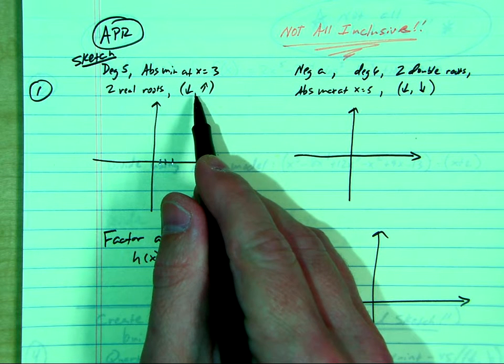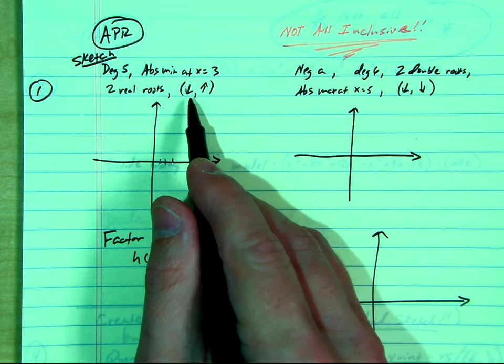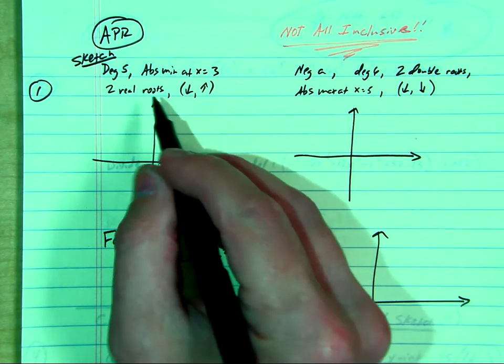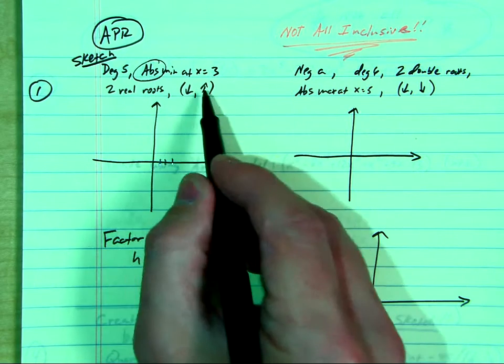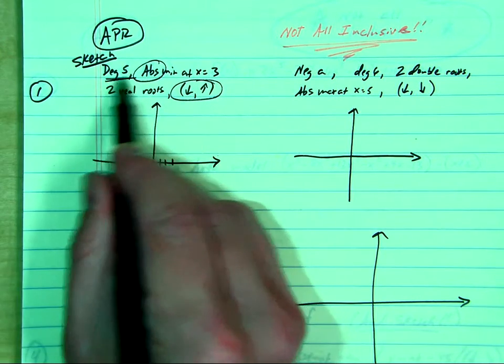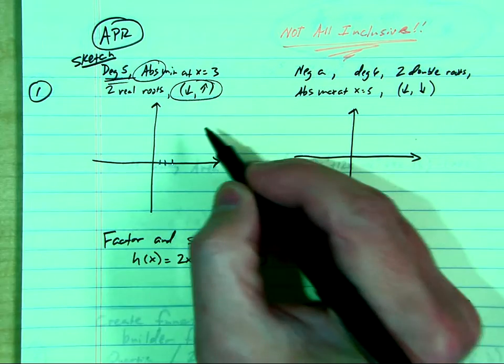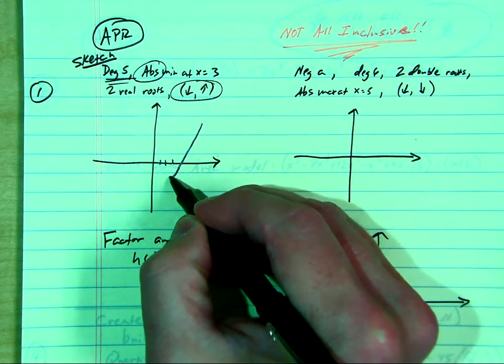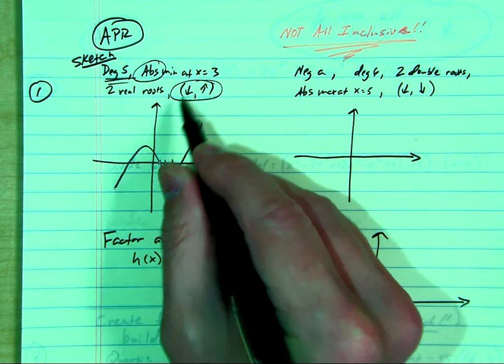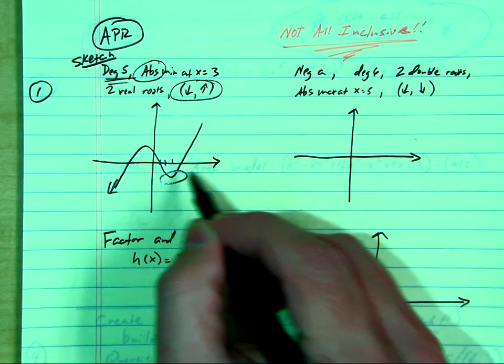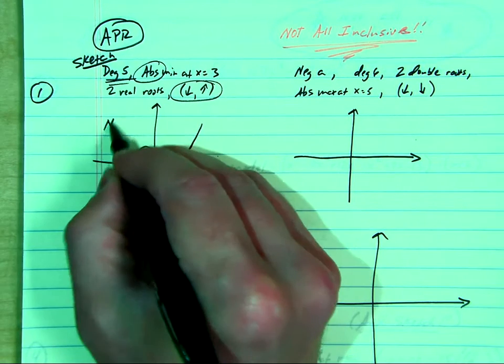Is that possible? Why is it not possible? Because you cannot have an absolute minimum with that end behavior that matches that degree. If you tried to put a minimum at x equals 3, oh look, the end behavior goes down over here, you can't have an absolute minimum. So that's why it's not possible.